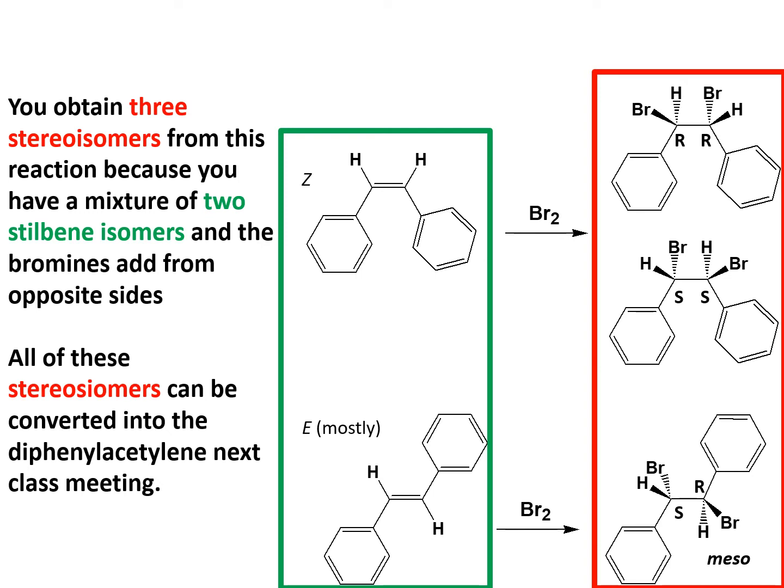In this case, the E isomer will produce a meso compound, whereas the Z isomer, the Zusammen isomer, will give you a pair of enantiomers.